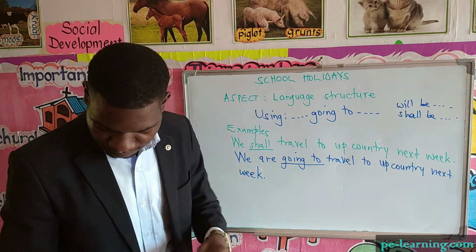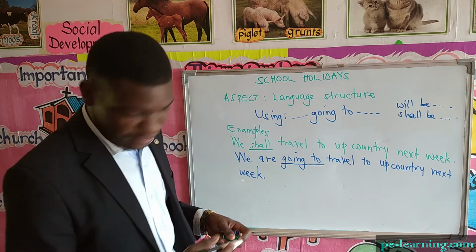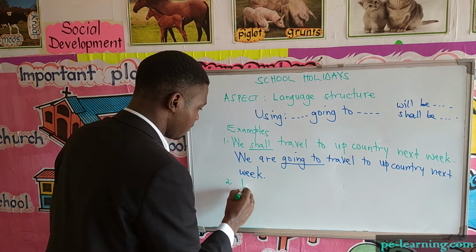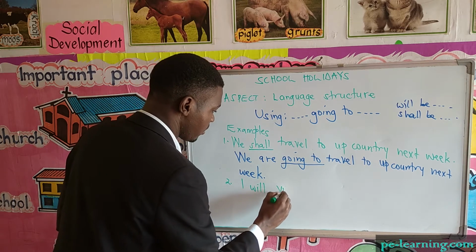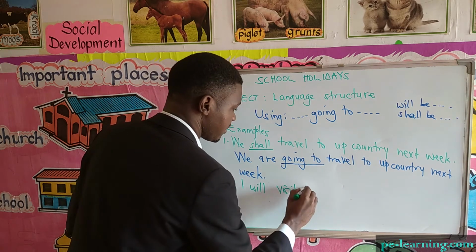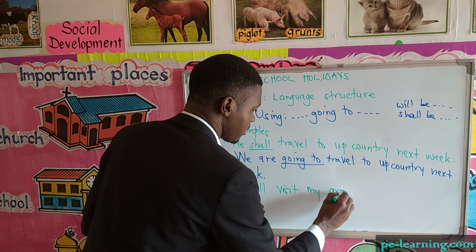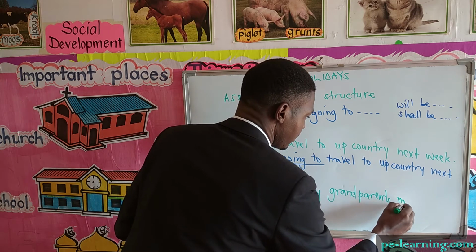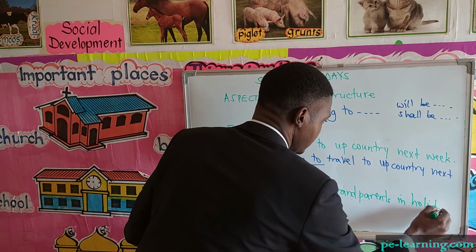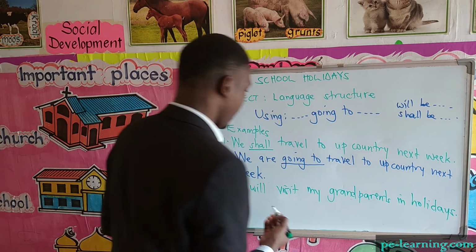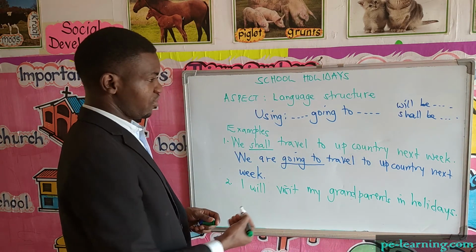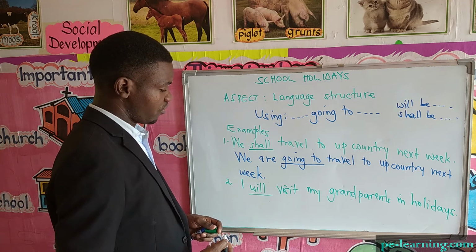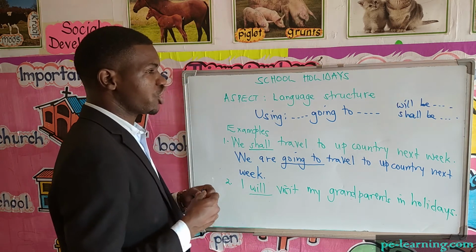Let's have the second example. We may say, I will visit my grandparents in holidays. We already have this word which is in the future, I will, and then we are going to change it directly.